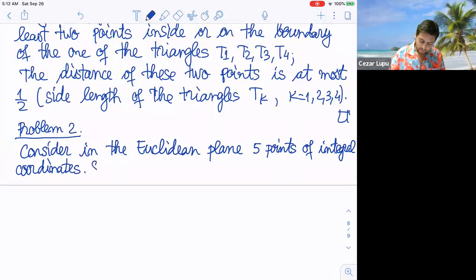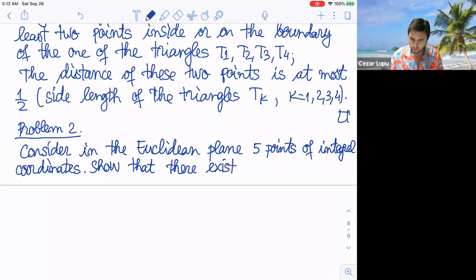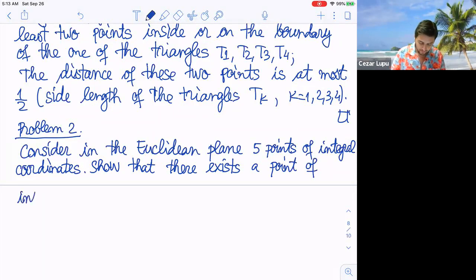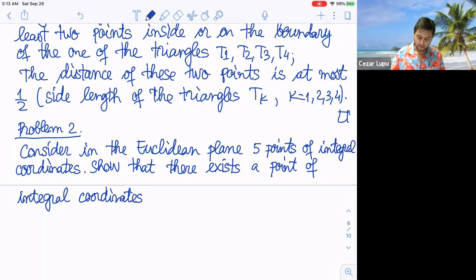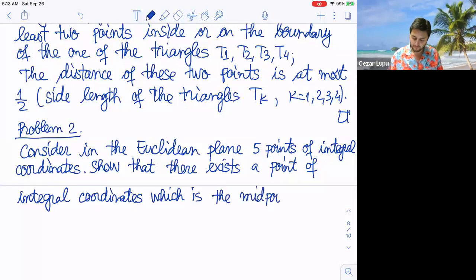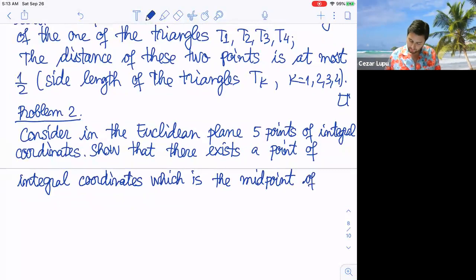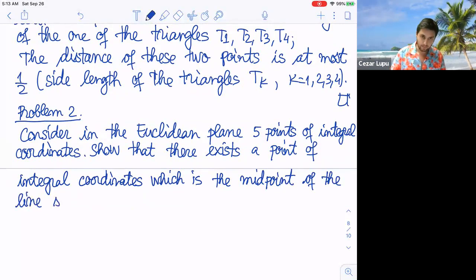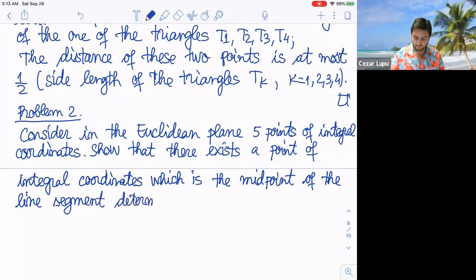Show that there exists a point of integral coordinates which is the midpoint of the line segment determined by 2 of the 5 points.